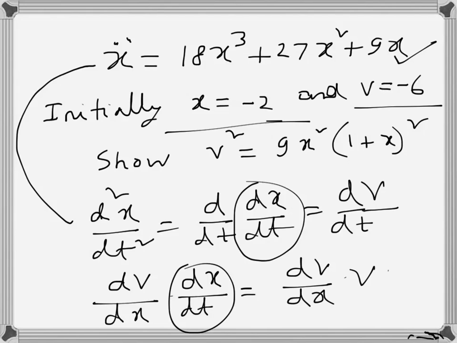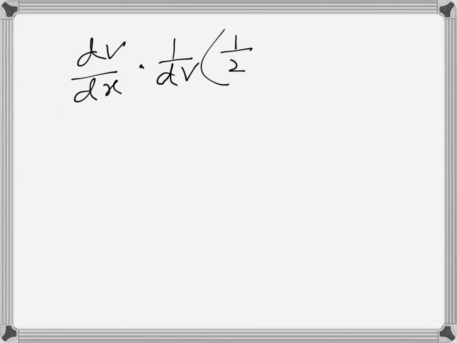Now we want to get rid of dv, so we want to write just in terms of dx. So v times dv over dx, instead of that we can write d over dv of half v squared. If half v squared is differentiated with respect to v, we will get v.